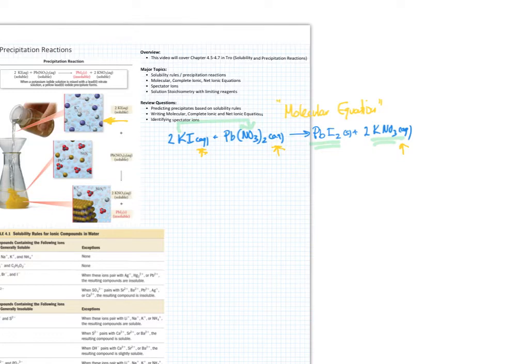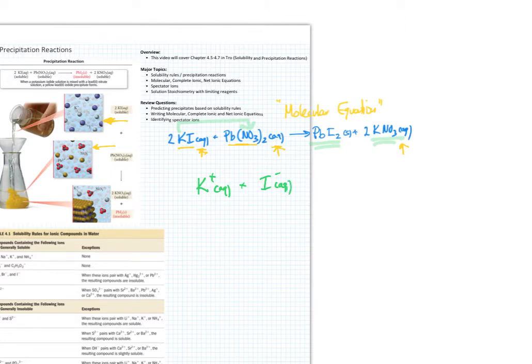They are surrounded by water molecules, just like these two pictures show. So for these two reactants, potassium iodide and lead nitrate, they're not actually attached to each other. A better way to write this reaction would be to break apart the ions. So it's really a K plus ion in aqueous solution plus an iodide ion in aqueous solution.